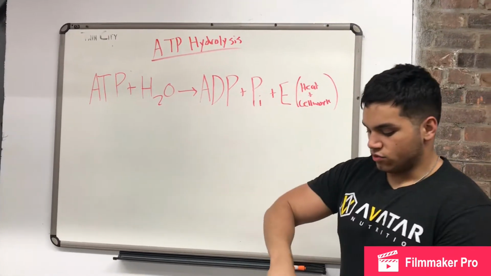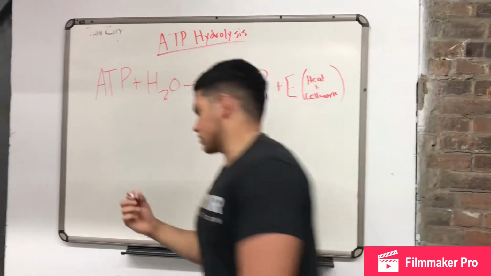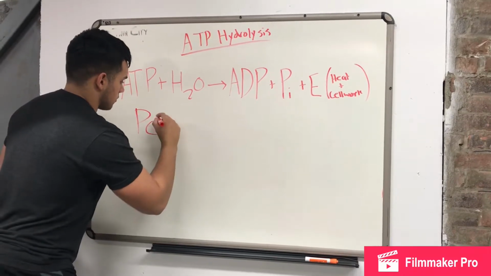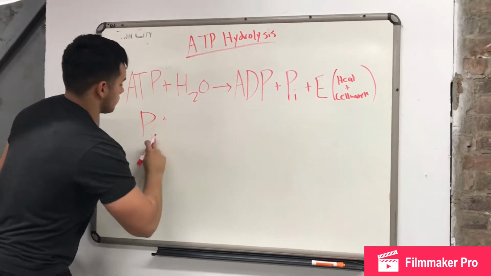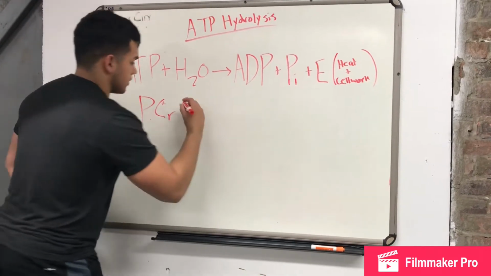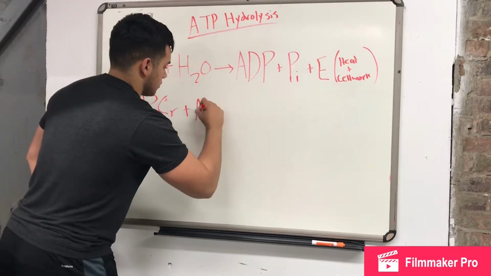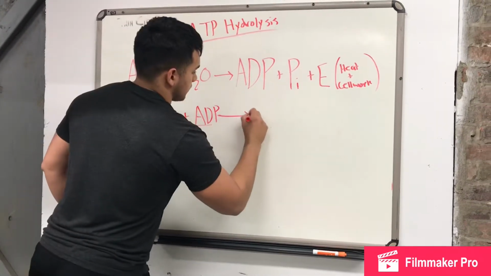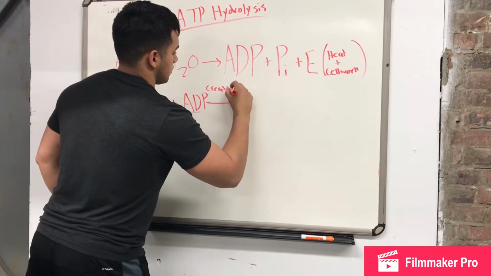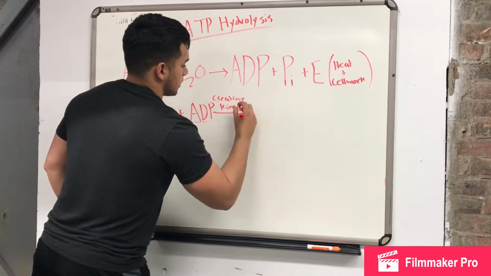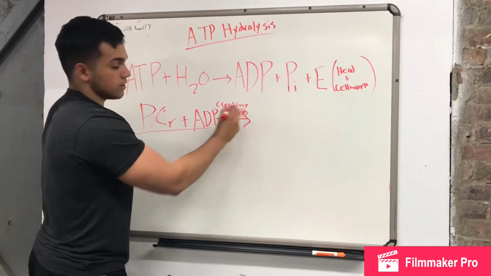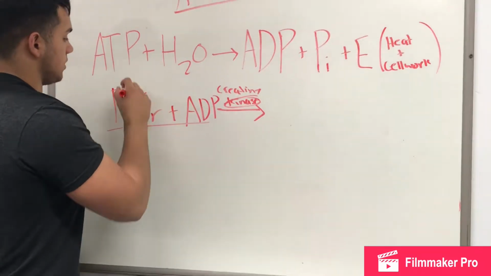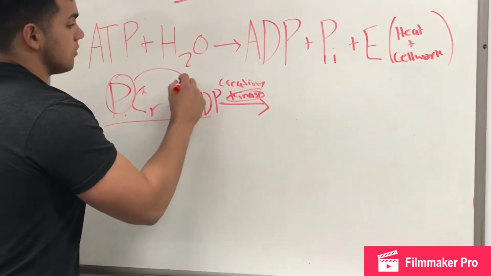So then, getting into the PCr system, we'll have a phosphocreatine, we'll have an ADP at the beginning of the process, and then because of an enzyme called creatine kinase, referring to that it takes a phosphate from one molecule, giving it to another molecule, which in this case is the phosphate from the phosphocreatine, giving it to the ADP.